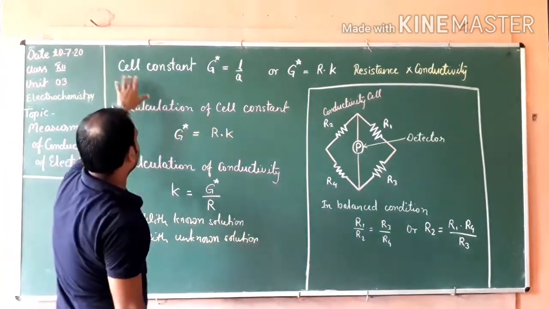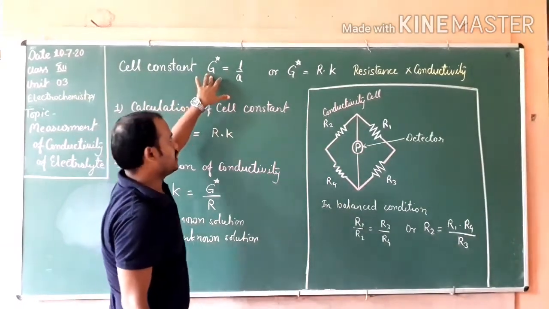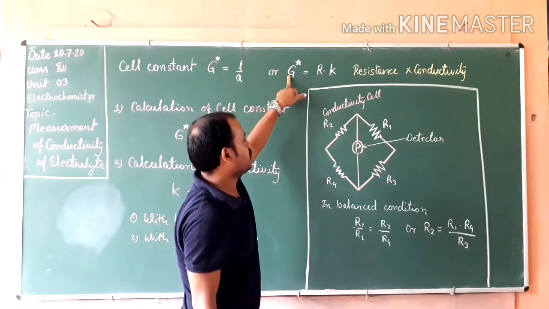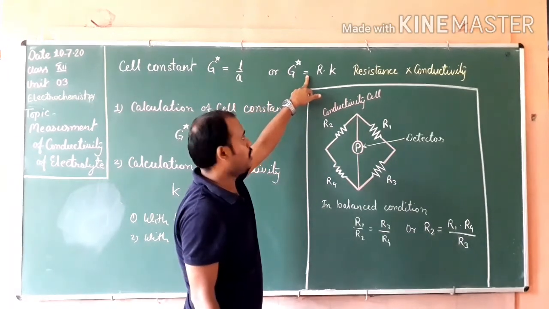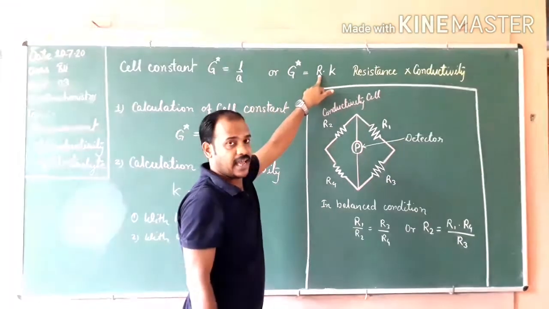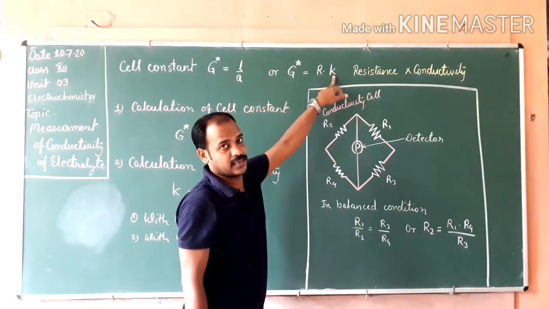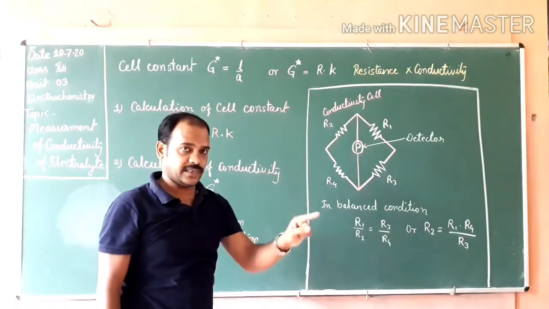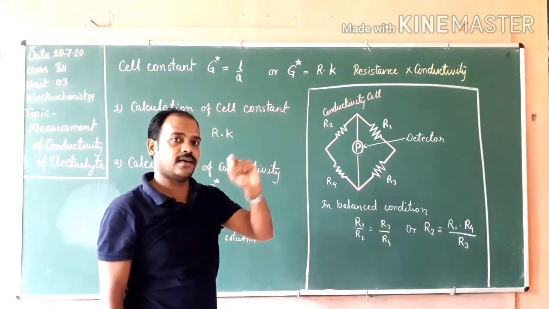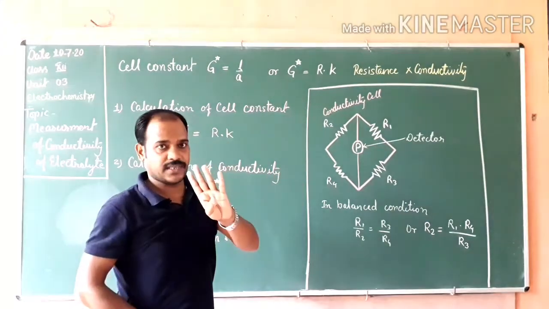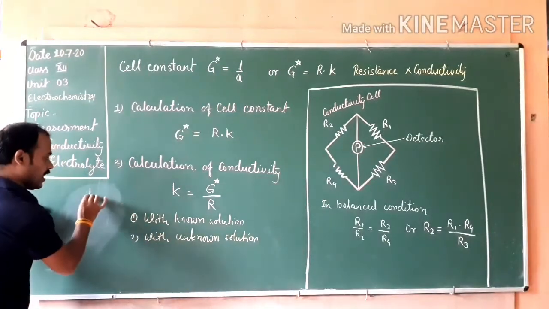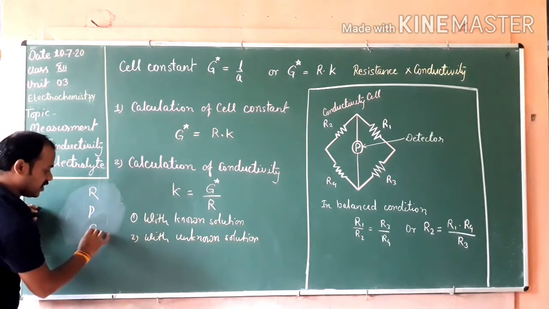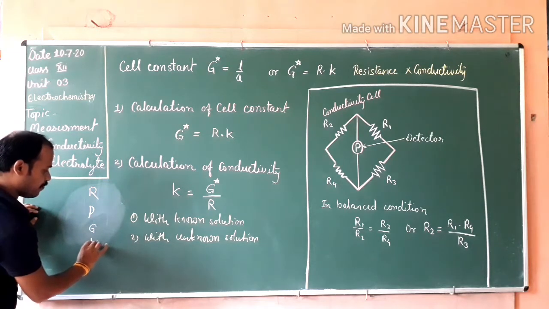Here the cell constant G star is equal to L by A, or the cell constant is the product of resistance and conductivity. Remember these four different terms: resistance R, resistivity rho, conductance G, and conductivity kappa.